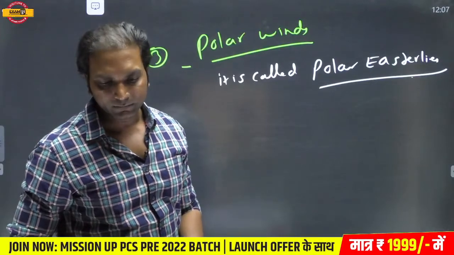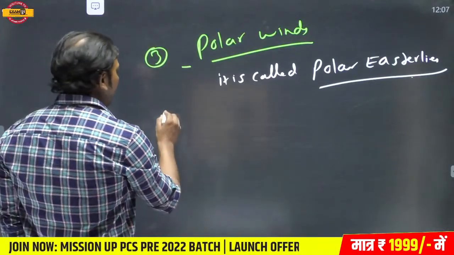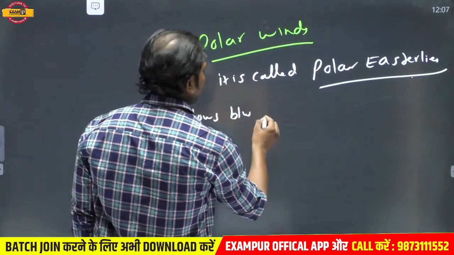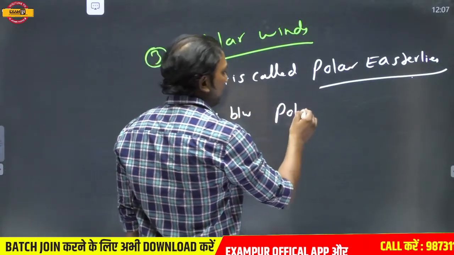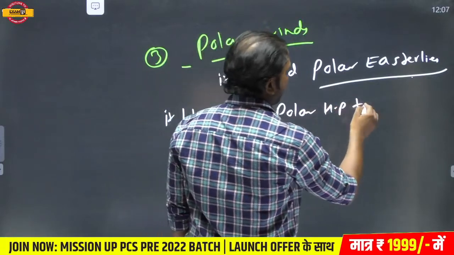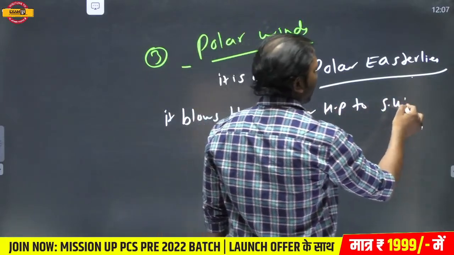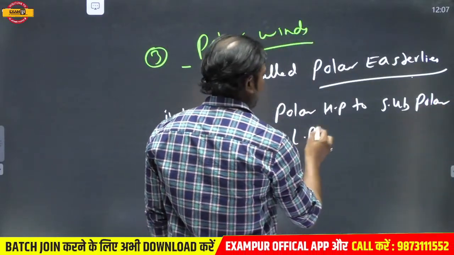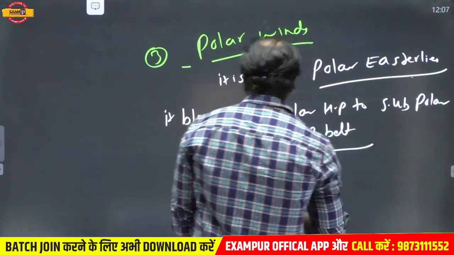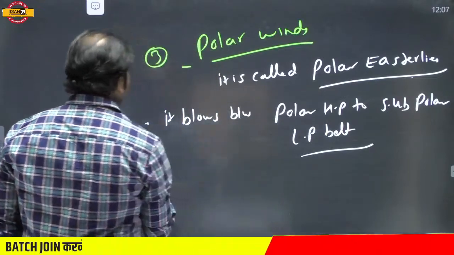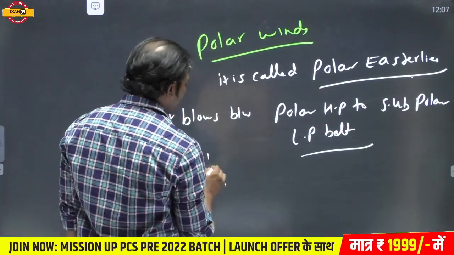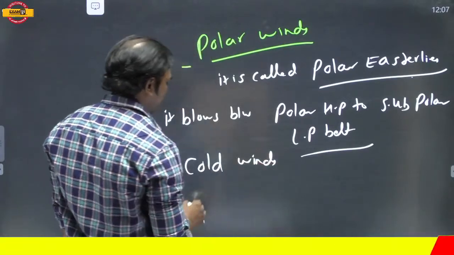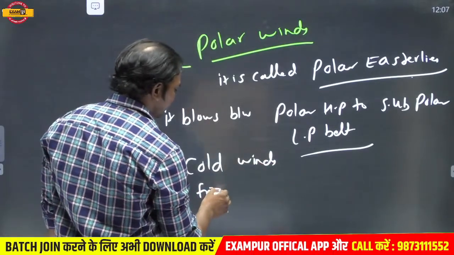Always remember it. It blows between the polar high pressure and the subpolar low pressure belt. Because it comes from the polar region, these are cold winds, frigid winds.